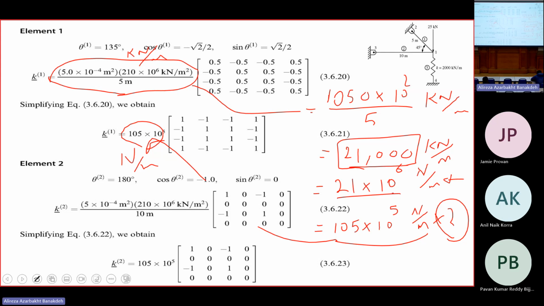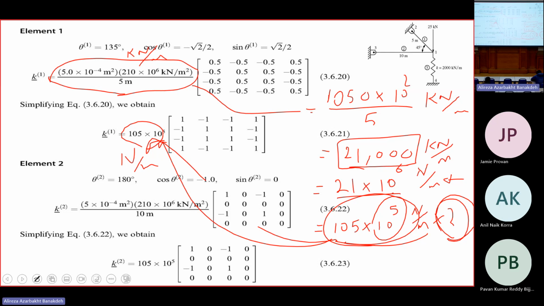And 10⁵ will be here. So this 2 goes inside. The remaining is this one, which is exactly this one, but in terms of Newton over meter, right? So, is it clear for everyone?